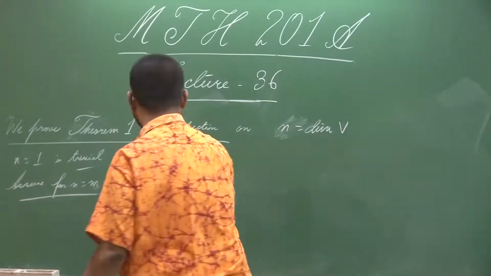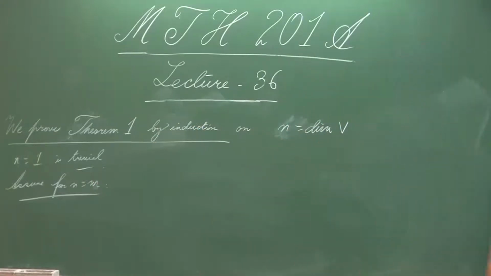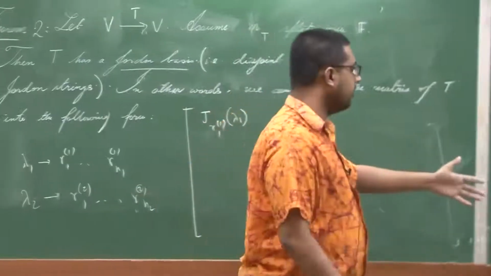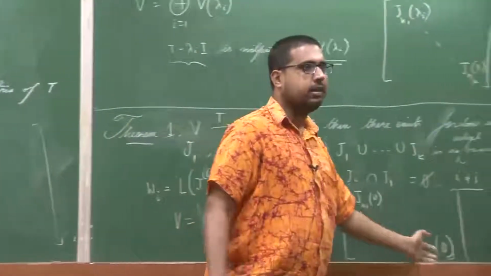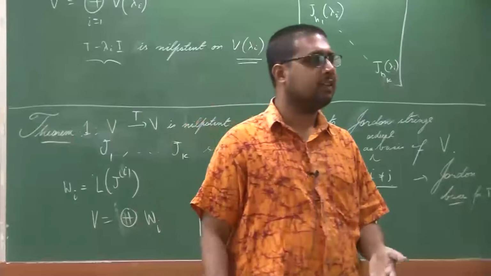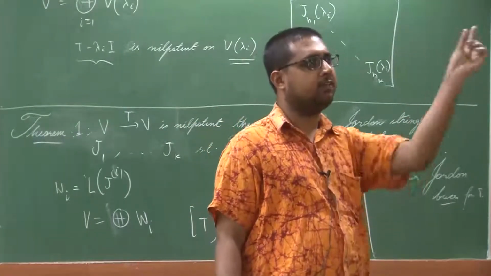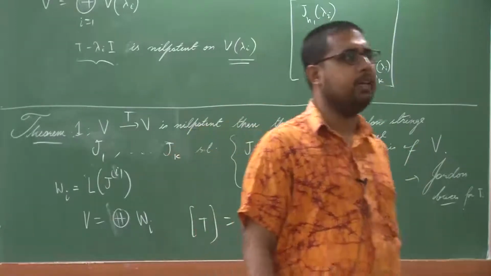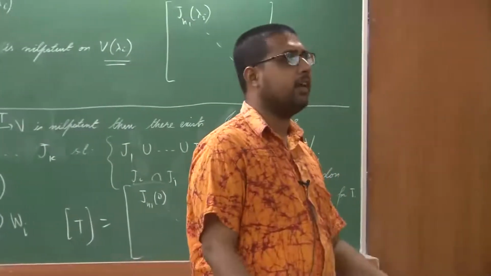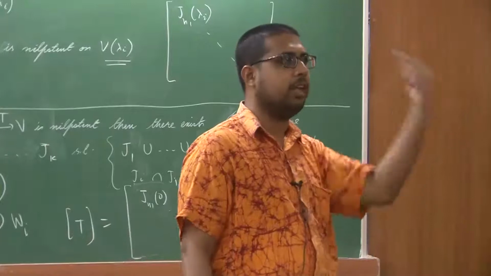By the way, before we prove that, let us exclude a trivial case from the first place itself. For example, what is the trivial case? If T is a null map, then if you take any basis, each singleton subset of that basis will be a Jordan string of length 1.